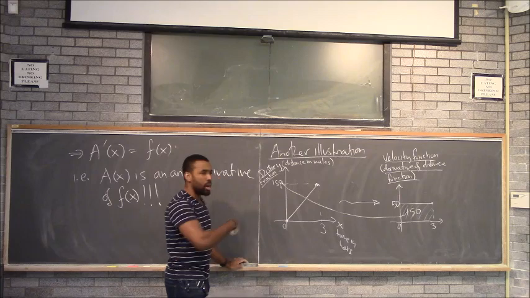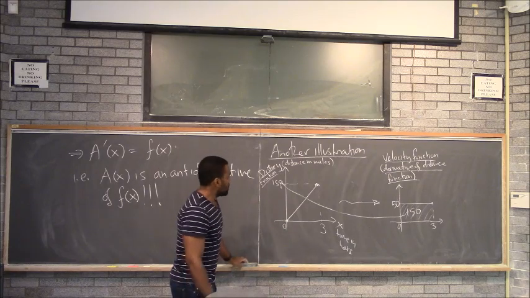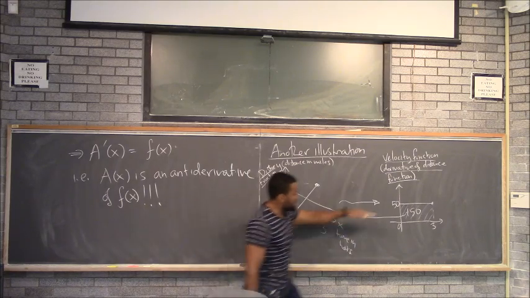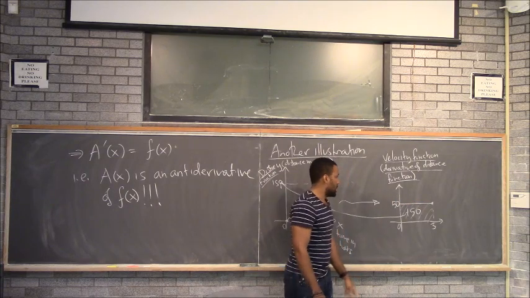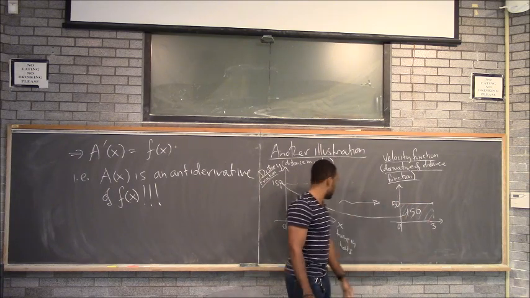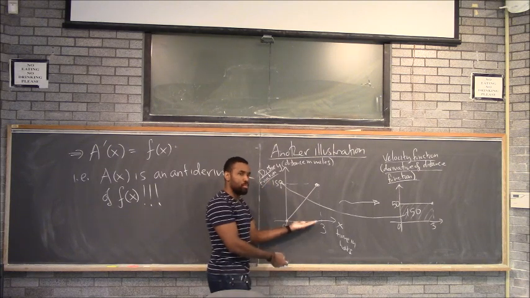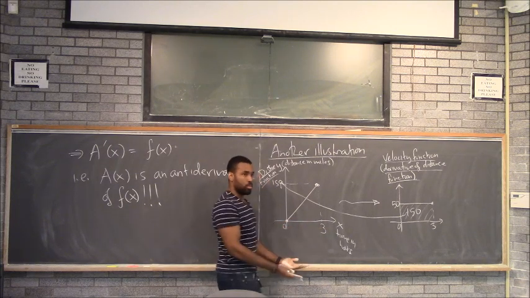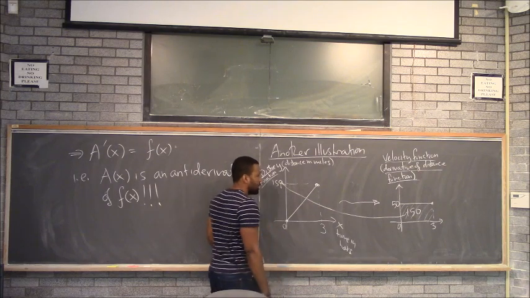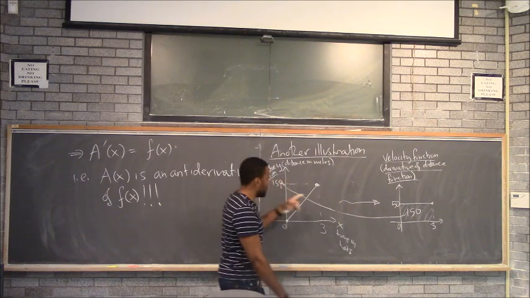I can actually track one using the other. So if I can plot the derivative and look at the area under the derivative, it somehow tells me something about, well, now we have a name for this function, the antiderivative.